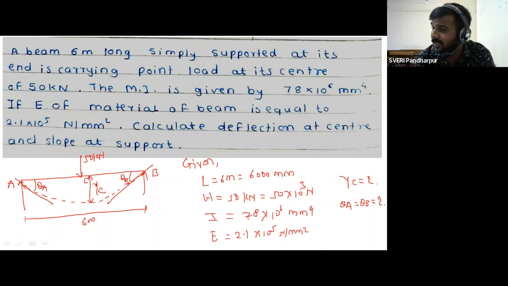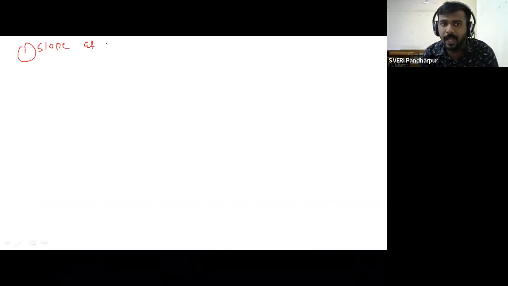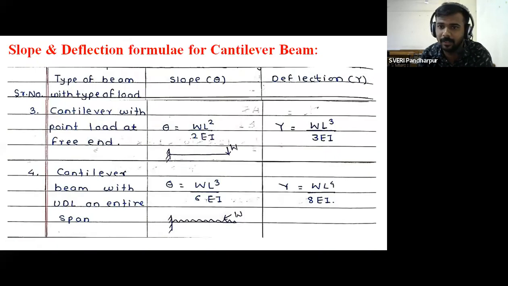All the parameters are given. Directly we have to remember the formula. Slope at supports, that is theta A and theta B. So theta A is equal to theta B. So what is the formula for this case?